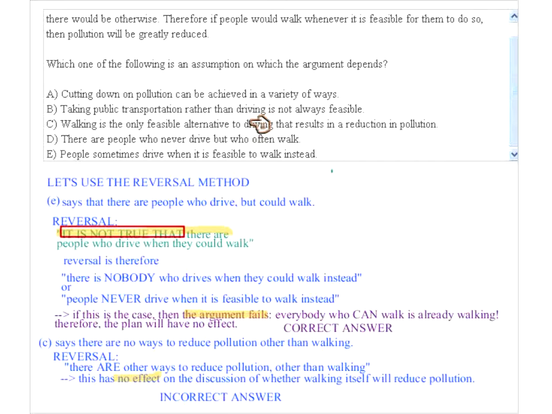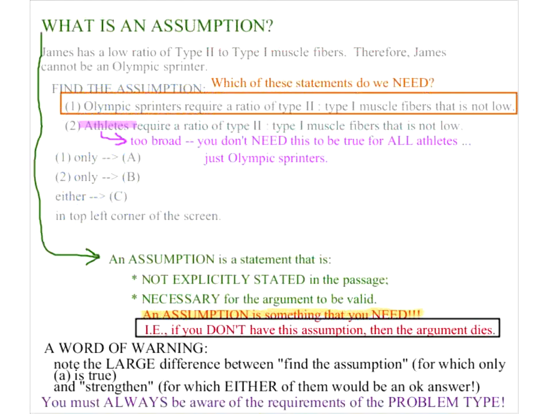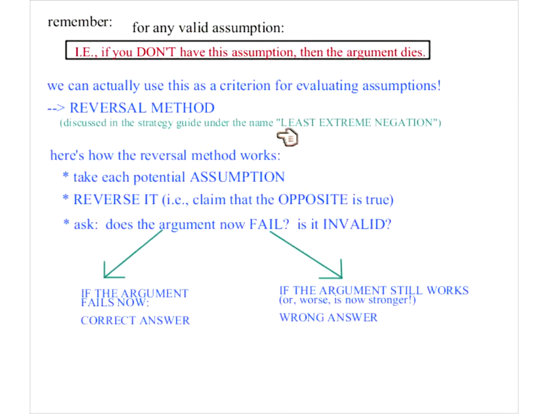So now you've got a couple of weapons in your arsenal. You've got what is an assumption, and then you've also got this fantastic method for evaluating assumptions, which is called the reversal method. Now the one thing I want to point out about this reversal method, before we look at another problem, is that there's a pro here, which is that this method is absolutely fantastically powerful.